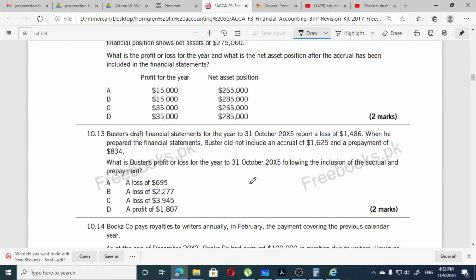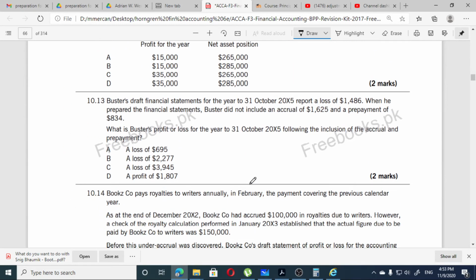The last question, almost the last, 10.13. It is about what might happen if you omit adjustment entries. In this question, Buster's draft financial statements for the year 31, 2005 report a loss of (1,486), where the brackets mean minus.